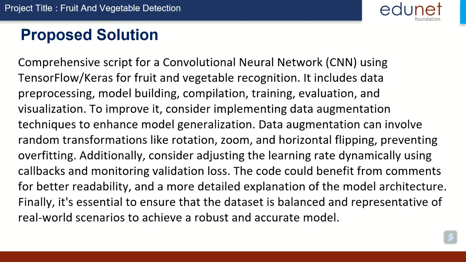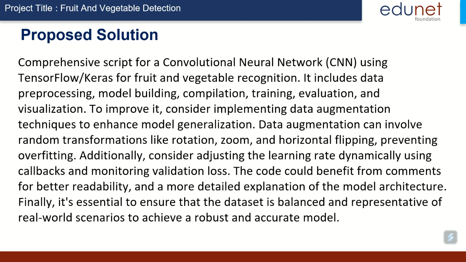To improve it, consider implementing data augmentation techniques to enhance model generalization. Data augmentation can involve random transformations like rotation, zoom, and horizontal flipping, preventing overfitting. Additionally, consider adjusting the learning rate dynamically using callbacks and monitoring validation loss.